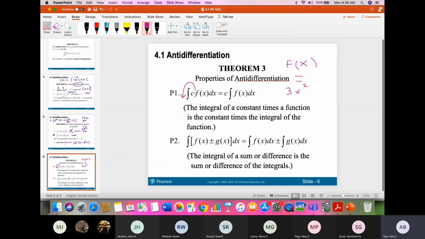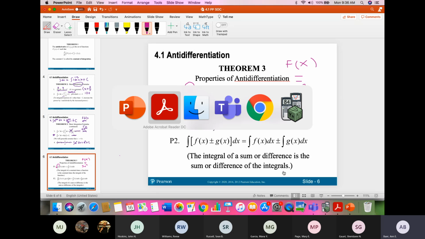And down here, all they're saying in their words is the integral of a sum or difference is the sum or difference of the integrals. So this is all important terminology and rules that you need to know. Unfortunately, they are not on the formula sheet.